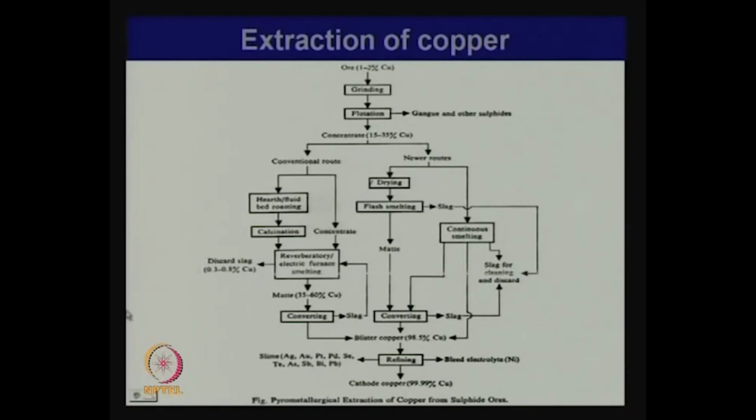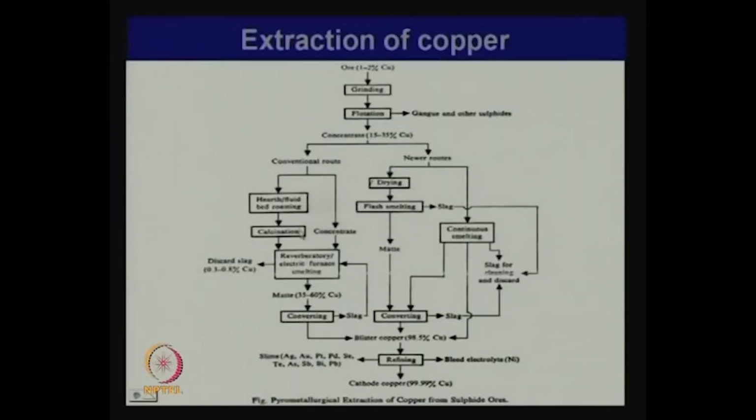Why will they be more difficult? Because here is a reactor where the conditions can be uniform. One PO2 will prevail in the roaster, where it is roasting. One PO2 will prevail in the reverberatory furnace, and during converting you are injecting oxygen, so there is a certain oxidizing environment in the converter.